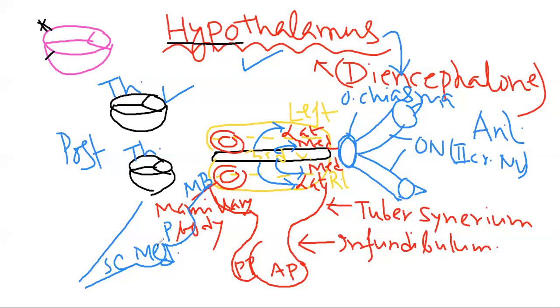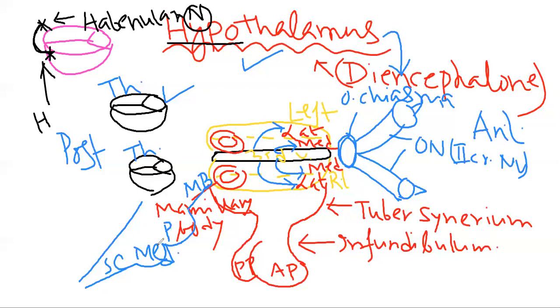On each side of the thalamus, bilaterally, there is a habenular nucleus, and they are connected with each other by a commissure, which is known as the habenular commissure.